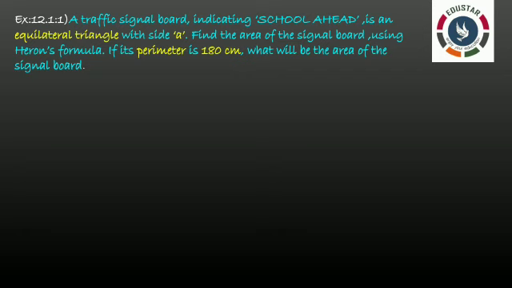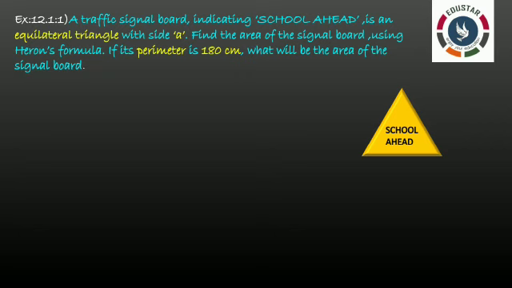So, if you see the question clearly, we are having two parts in this question. So, first we have to find what? Area of an equilateral triangle. So, first, what is an equilateral triangle? A triangle having all three sides equal is known as equilateral triangle.